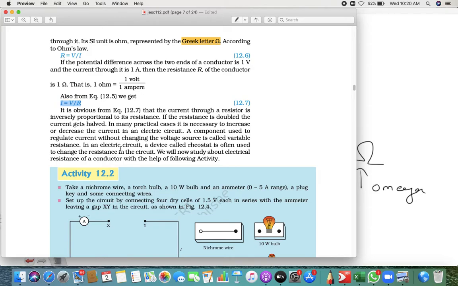We are going to use a rheostat. I hope you are getting what I am trying to say.